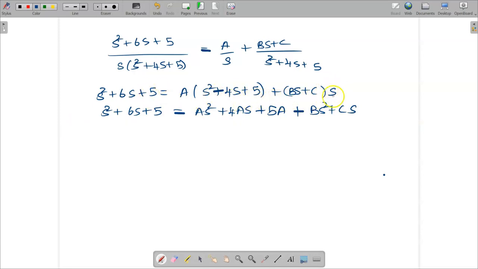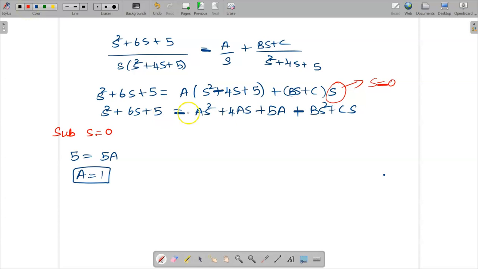That term is here, since you have s here, you can substitute s equal to 0. Okay. So your first substitution is s equal to 0. Okay. So when you substitute s equal to 0, here it is 5, here s and all are 0, so only 5A is available. Other terms become 0. So A equal to 5 by 5, which is nothing but 1.